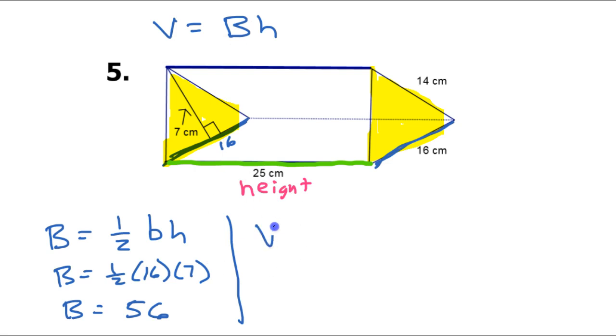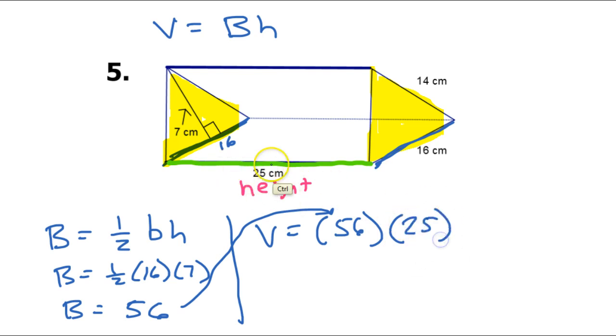So now the volume is area of the base times the height. So that's going to be 56, which I just got, times the height. And as I mentioned before, the height is 25 because that's the distance between the 2 bases. Doesn't matter that it's going sideways, that is the height.